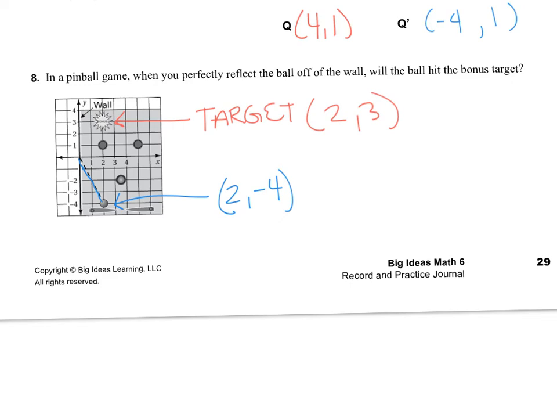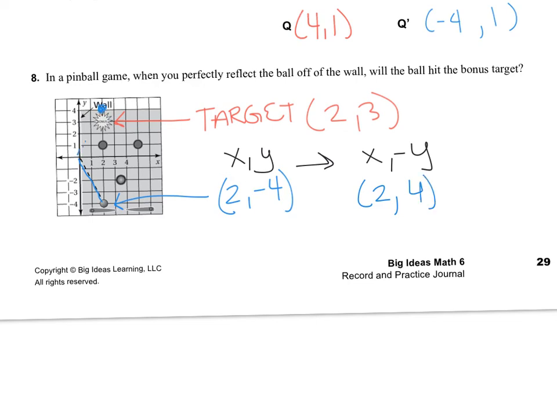So is it going to hit the target at (2, 3)? Well, if we were going to reflect (2, -4), which is the original (x, y), over the x-axis, that means x stays the same and y goes to the opposite sign. Well, we would end up at 2, and then the opposite of -4. -4 times -1 is a +4. So we would end up right here.